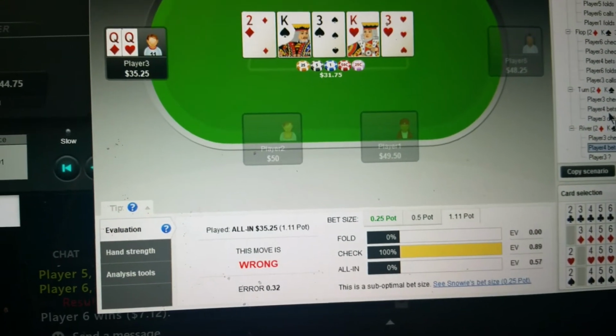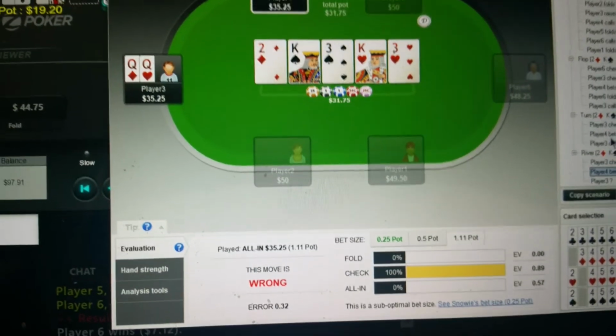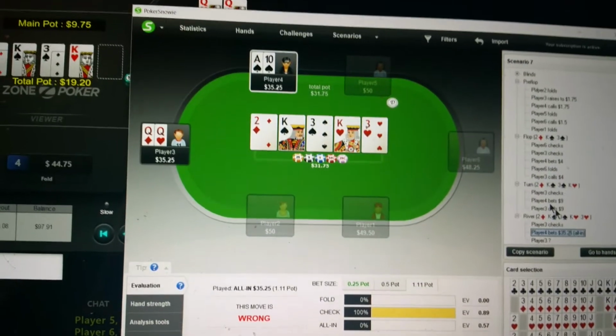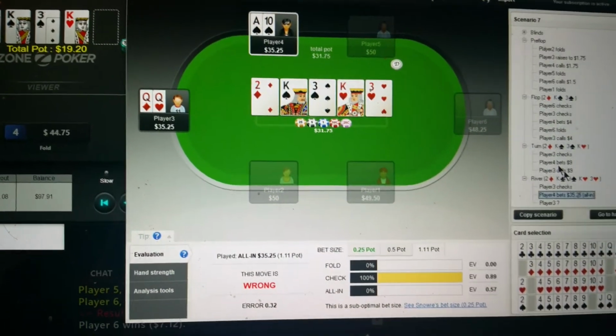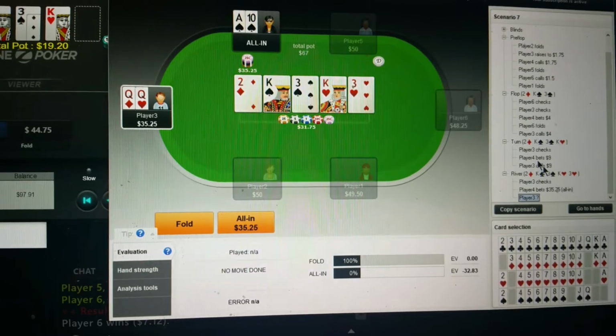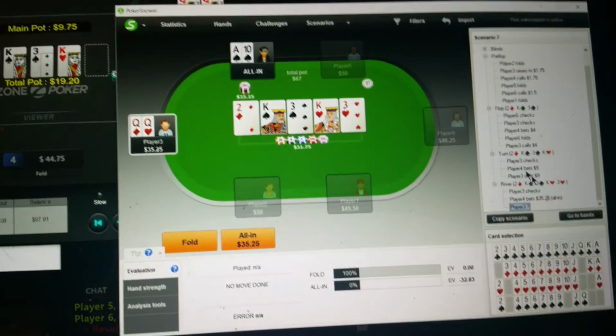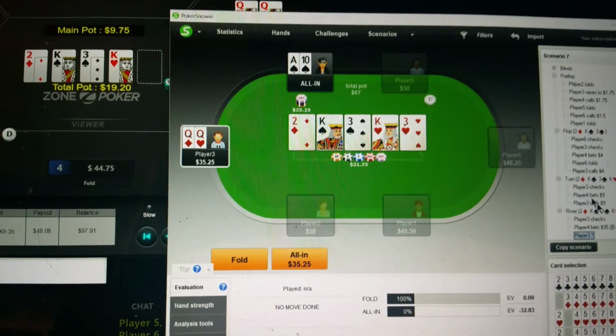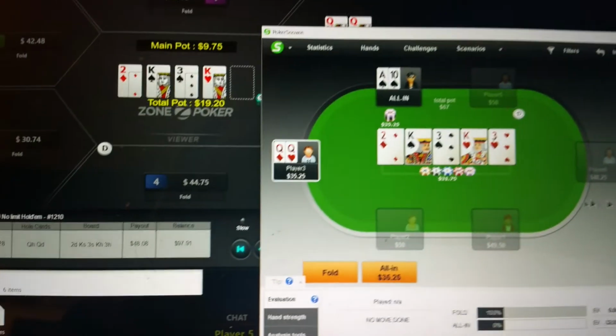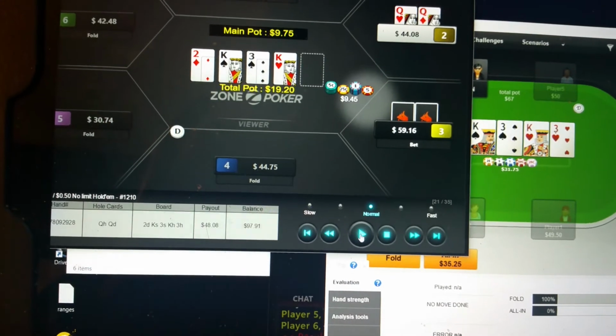I'm supposed to check. Now player 4 bets $35, and I'm supposed to fold to that, which is probably correct because he has shown 3 streets of strength. So in the actual game, he does jam.